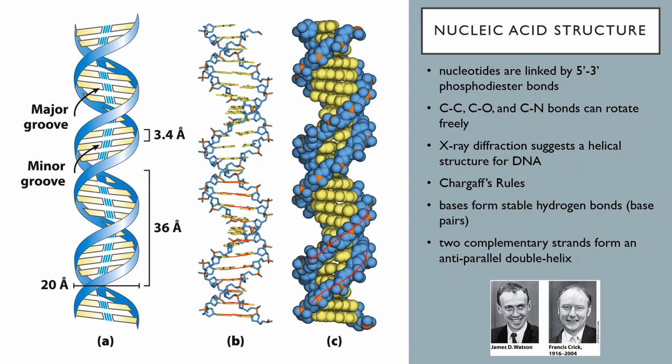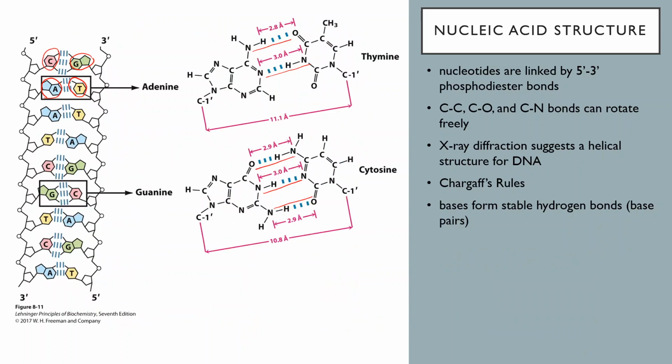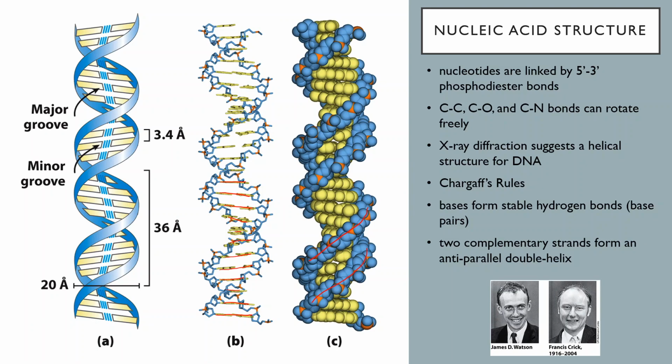And again, because that distance between the bases is always pretty much the same, the width of the double helix is pretty consistent all the way down, or the shape of the double helix is consistent regardless of the sequence. So it does not matter what bases are present at each of these positions. The width of the double helix is pretty much always the same. The degree of rotation of the helix is always the same, going all the way up the molecule.